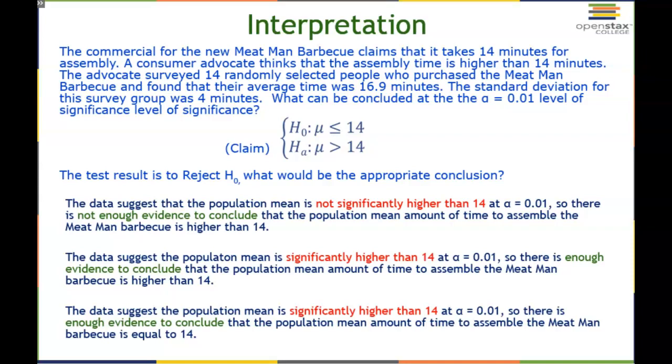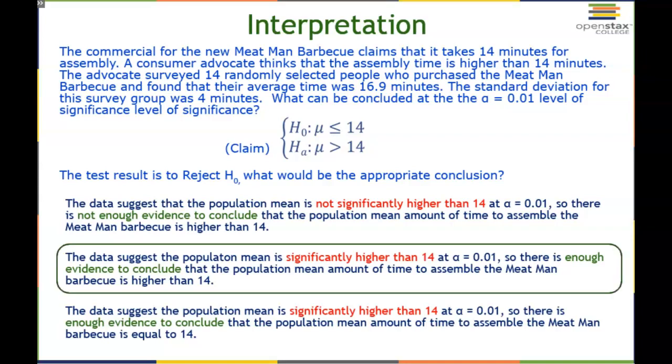The second one says barbecue is higher than 14 minutes, and the third one says barbecue is equal to 14 minutes. Our claim did not have anything to do with being equal to 14 minutes. It had everything to do with higher than 14 minutes. So the second option is the appropriate conclusion for our problem.